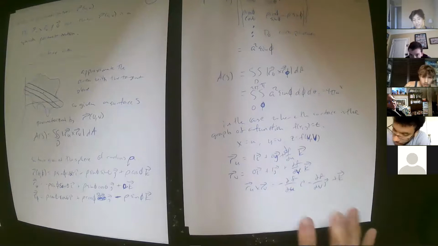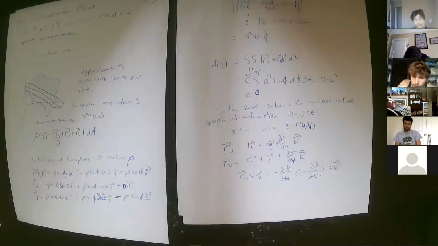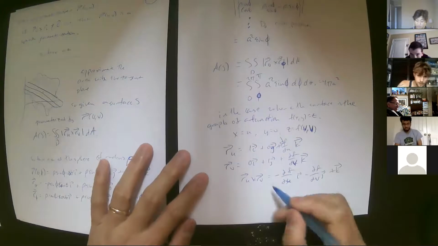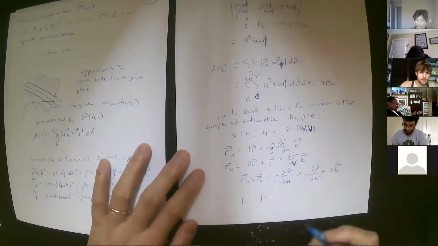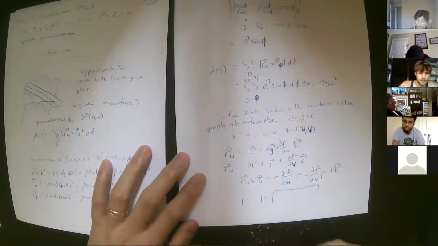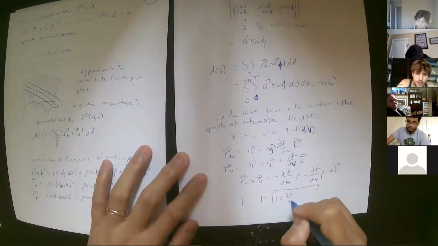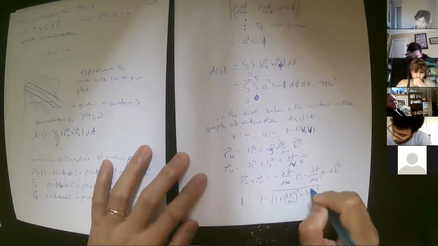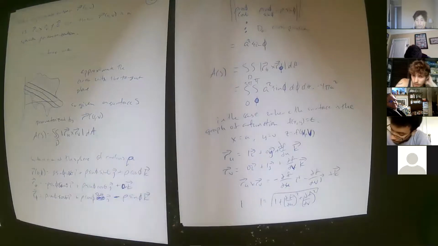So what is the length of this vector? The square root of the sum of all those components squared: df du squared plus df dv squared plus 1 squared.